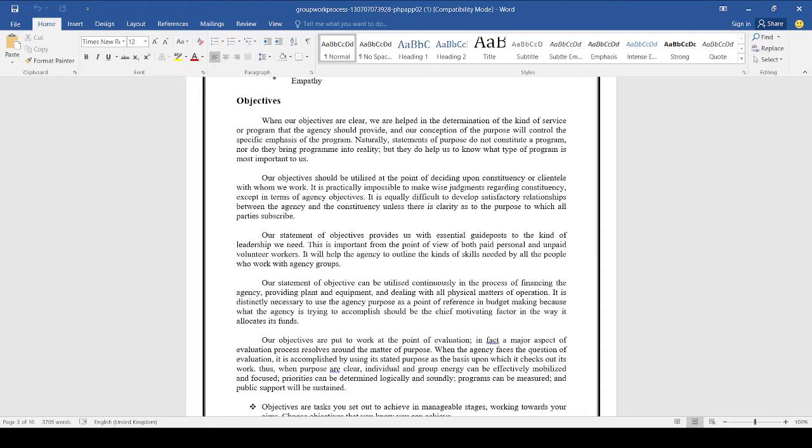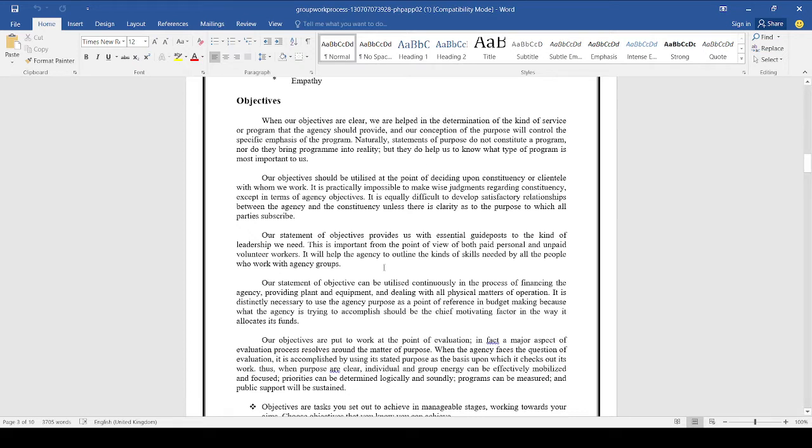That means it will help the agency also: what type of skills are needed in social group work practice, and what type of skills are available in the agency and outside the agency. Our statement of objectives will also positively or negatively affect the process of financing. For social group work practice, we should have finance, cash, and provision of plant and equipment.